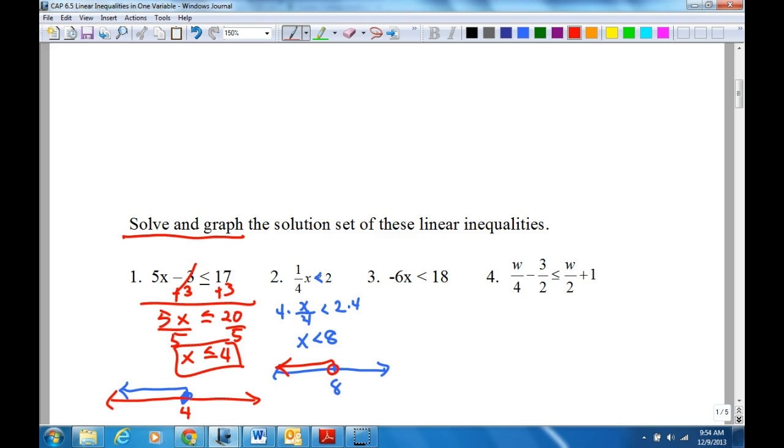So, as you guys can see, it's the same thing we've been doing. But here's the one difference when you have inequalities. And I want you to write this down as an important part of your notes.